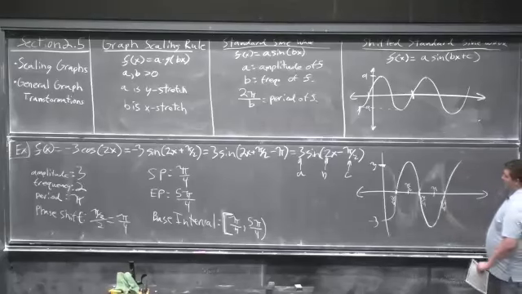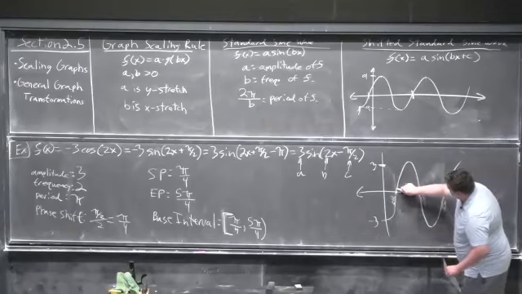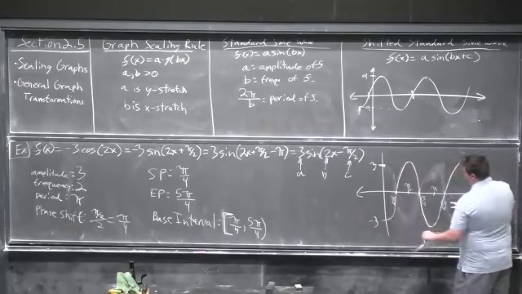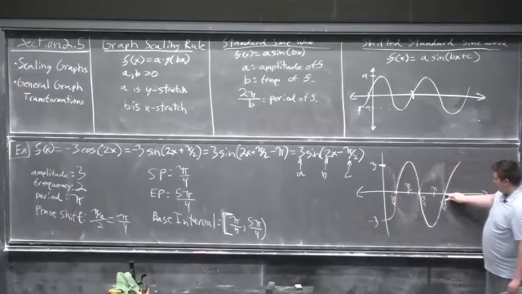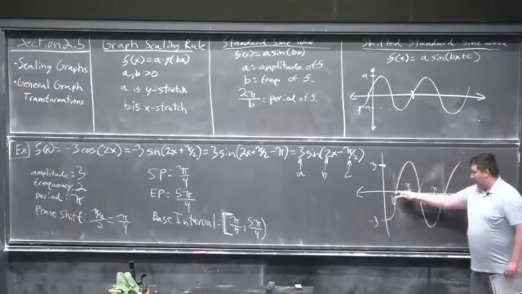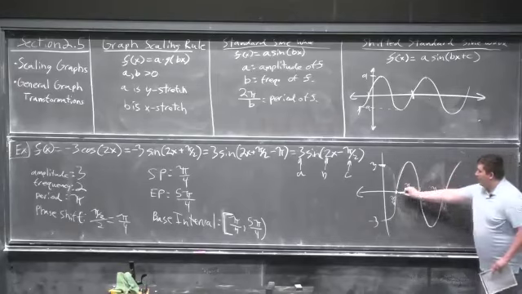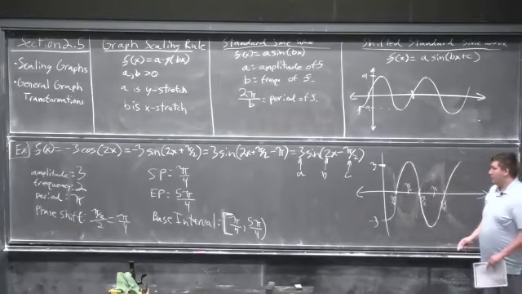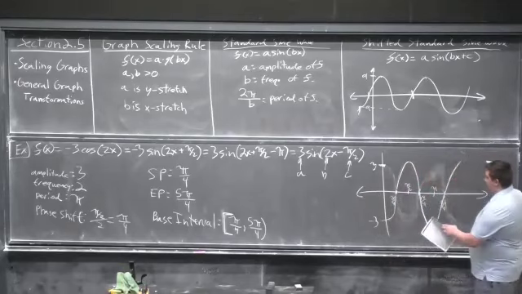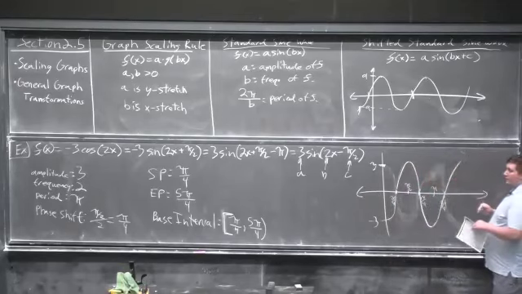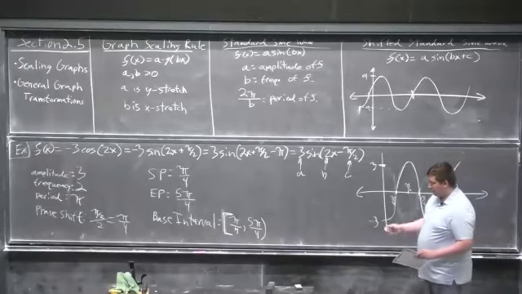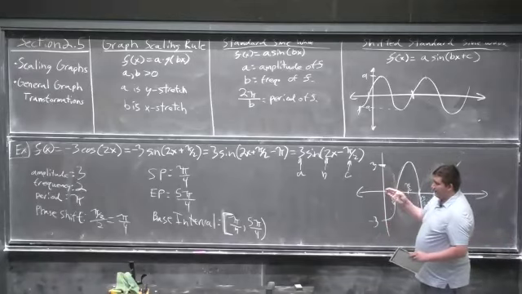So now notice that I can look at this as a sine wave that starts at pi over 4 and it repeats at 5 pi over 4. This is a period of pi and an amplitude of 3. So we are able to reconstruct this cosine wave as a sine wave. And that's how we're going to talk about them from here on out. Whenever you see a cosine, think of that as a shifted sine.